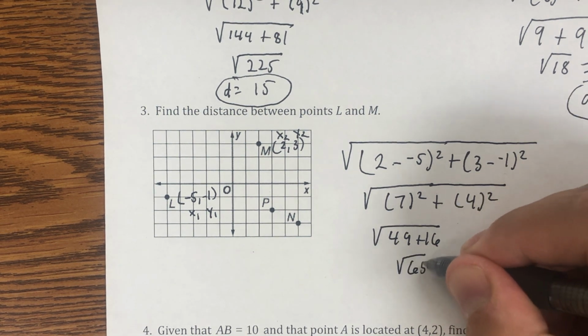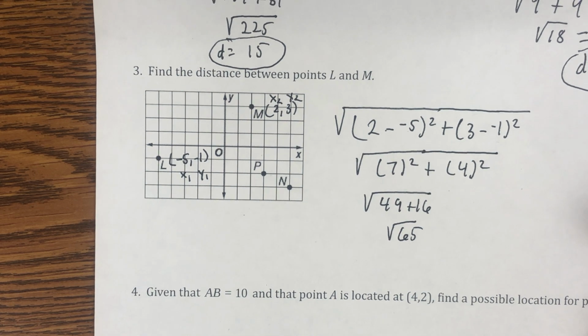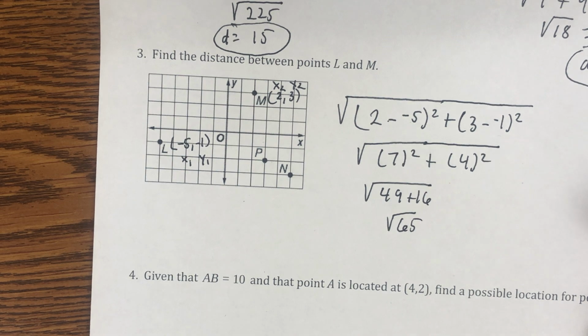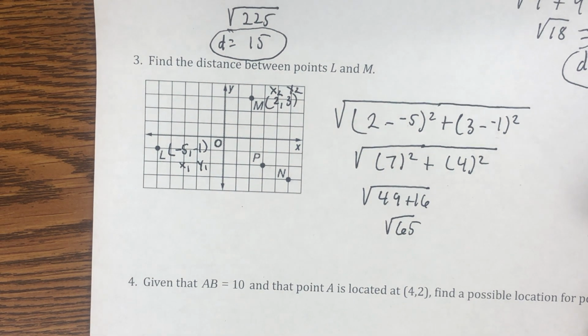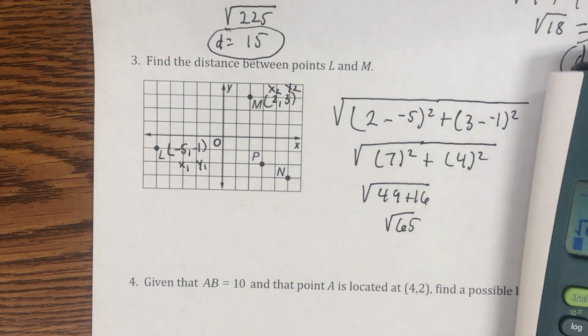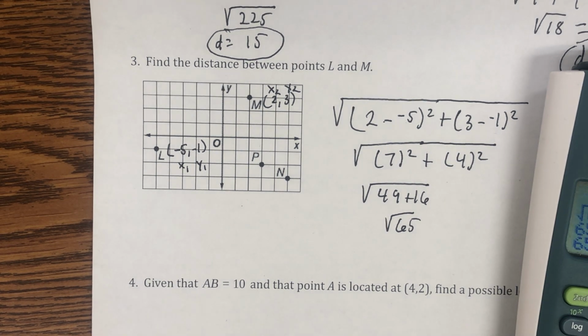So we have to find a perfect square factor that goes into 65. What goes into 65? Like we said, you have to actually take out your calculator and start checking. I don't know of one.